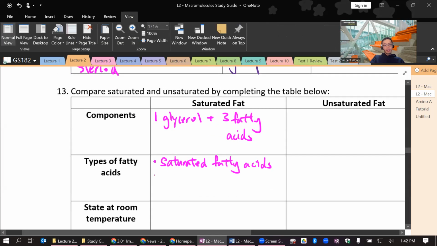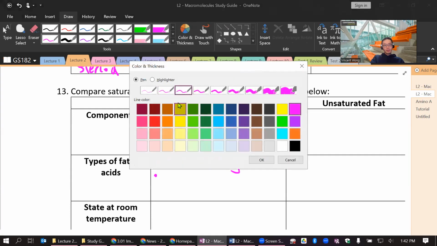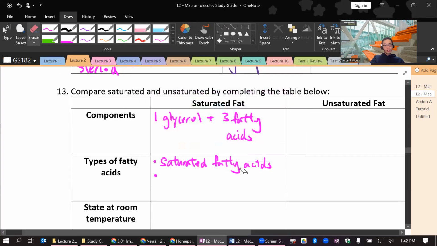Okay. And what does it mean to have saturated fatty acids, you ask? Well, saturated fatty acid means there are no double bonds. No double bonds, no kinks.